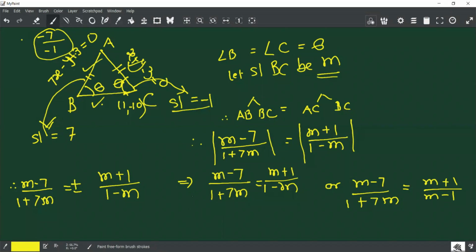Instead of that, this plus or minus would be much easier. So I did this plus or minus, and you get two different cases. One with plus, and in another case, I just changed this sign. This became 1. Minus of this becomes m minus 1. So you cross multiply, and one will give you the values of m.